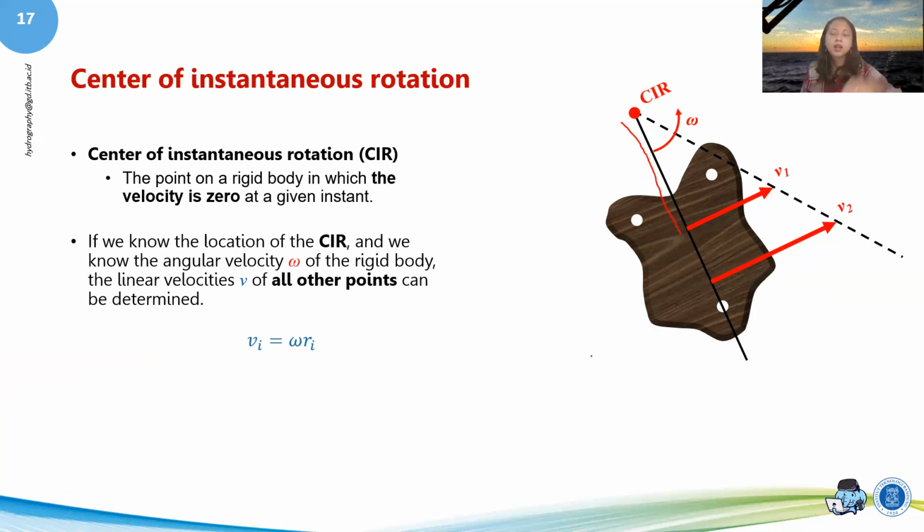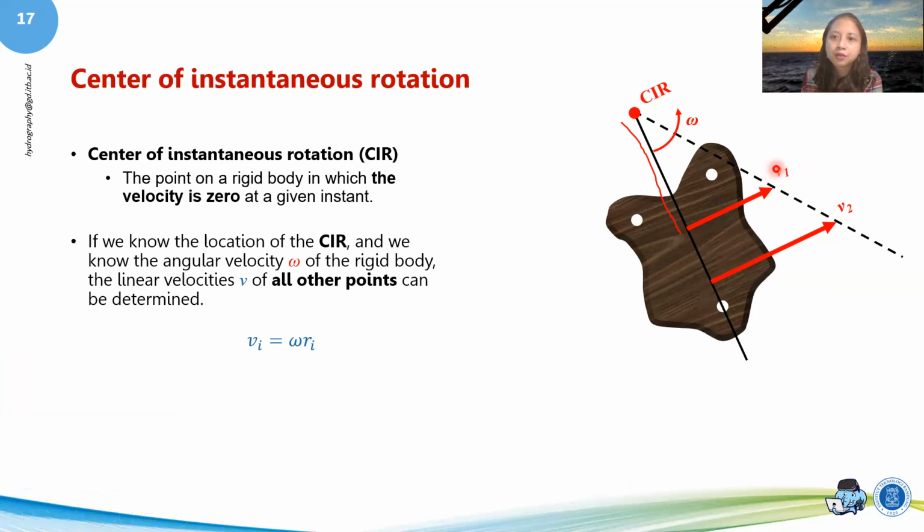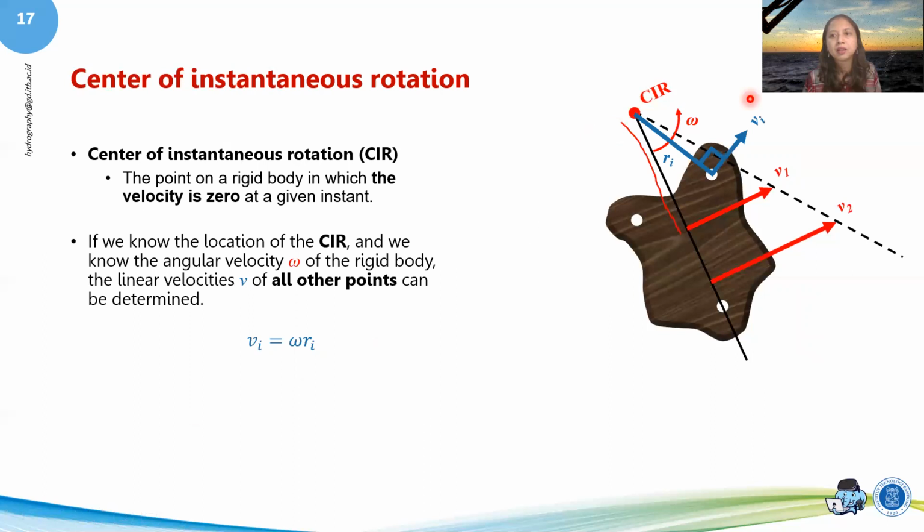So you've got the R, and then you've got the V, then you've got the omega. And the other way around, if we know the V and we know the omega, then you will know all the linear velocities governing that body. For example, at that point, we just measure the R, and then perpendicular to that R is where the vector is, and then you will know the V1.